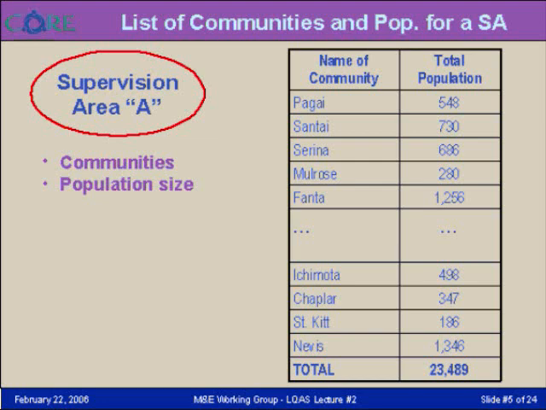So at this point, we are going to work with a table that has a couple of columns, one with the names of the communities or towns in supervision area A, and in the second column, the population size for each of the communities or towns. And at the end, you will see that the total population size that will correspond to the total population of supervision area A.